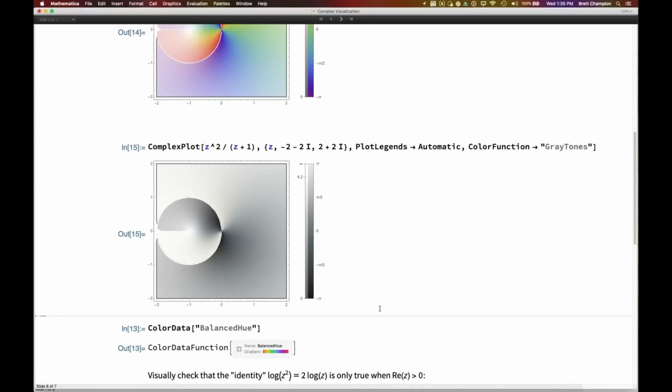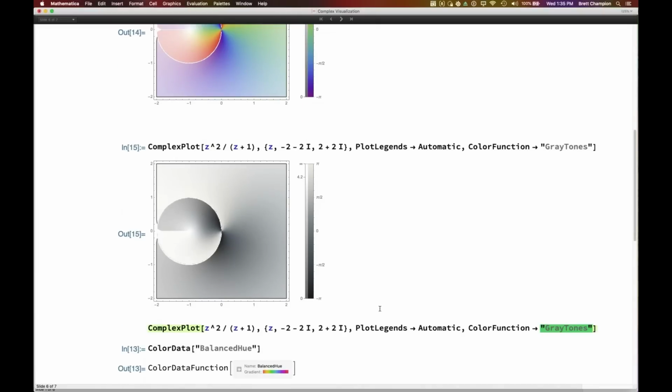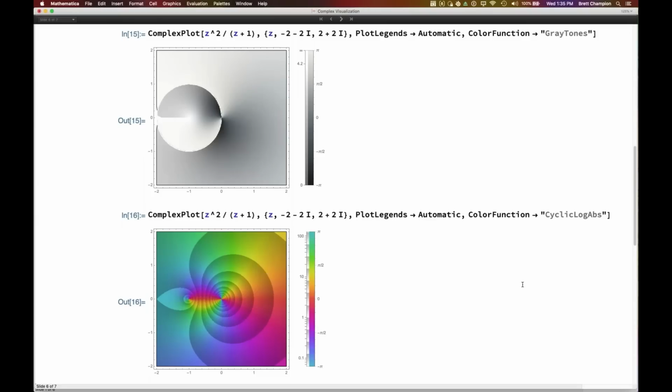The other thing that I didn't really cover in my talk for time considerations is that there are a lot of variations on our lightness scheme. And so here I'm going to set it to a cyclic log abs.